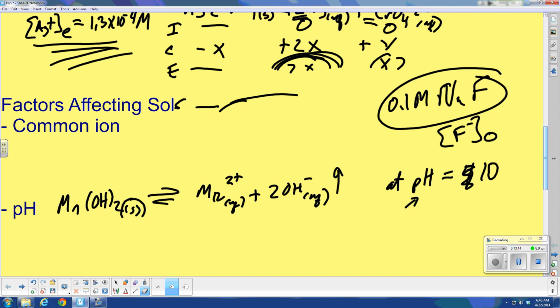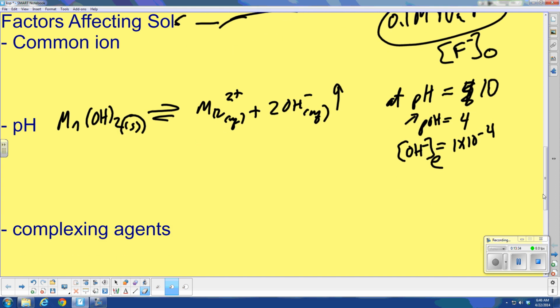So what am I going to do here? I'm going to look at pH and say that my pOH is equal to 14 minus 10, so my pOH is 4, which means my concentration of hydroxide is 1 times 10 to the minus 4th, and that is an equilibrium concentration. So let's run our ICE box.